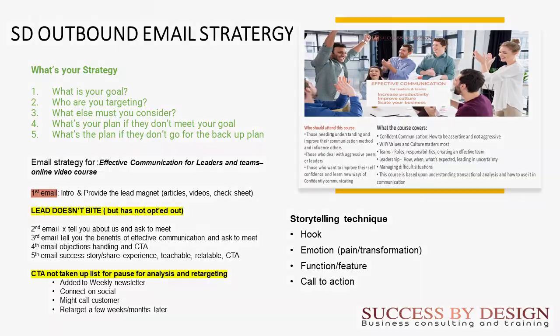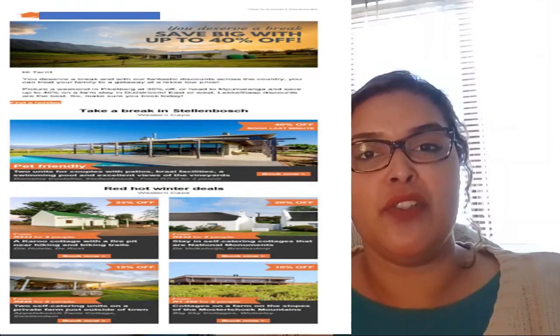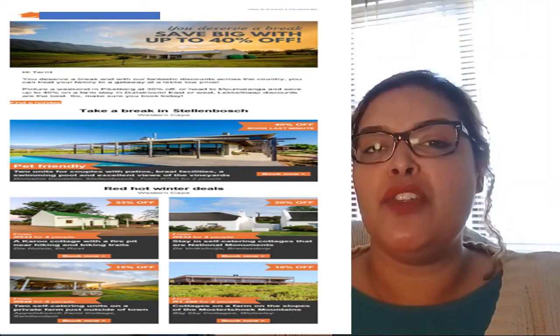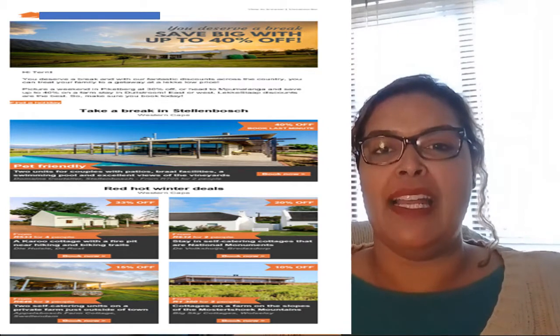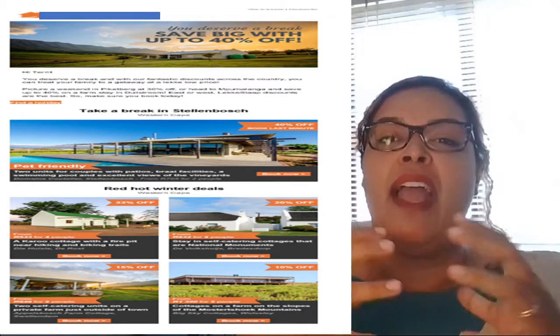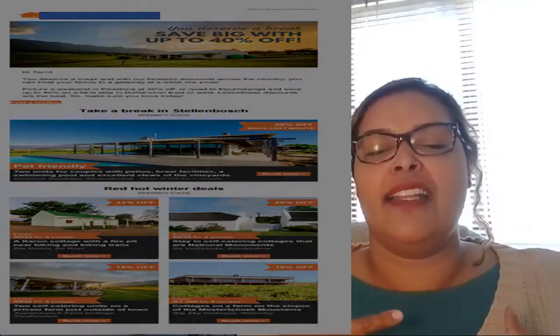If you're selling products, then your strategy looks like beautiful pictures of your products, saying what's on special, highlighting the benefits of the products, using great words to entice them, and making it appealing to the eye and visually stimulating. That's what you use if you're product based.